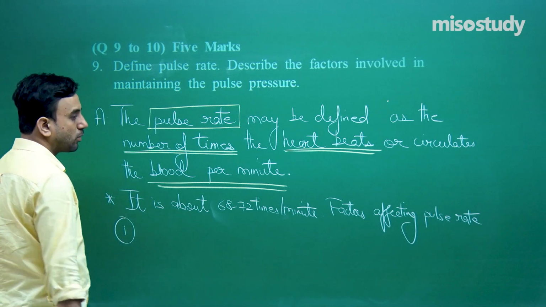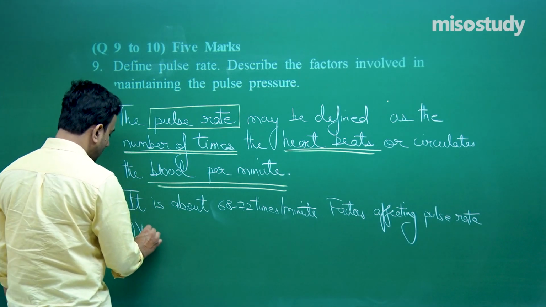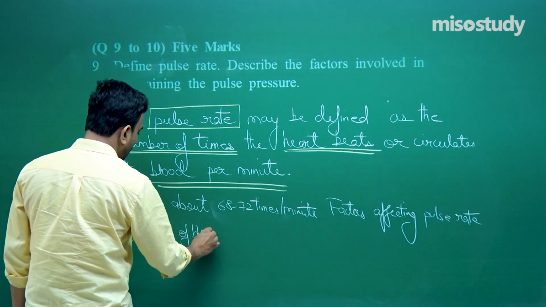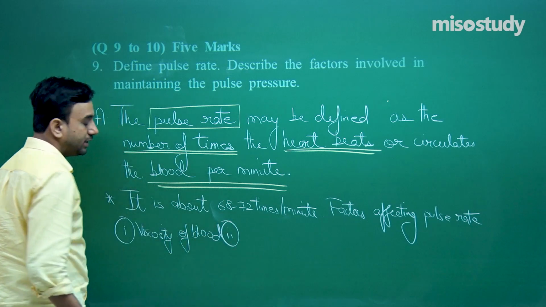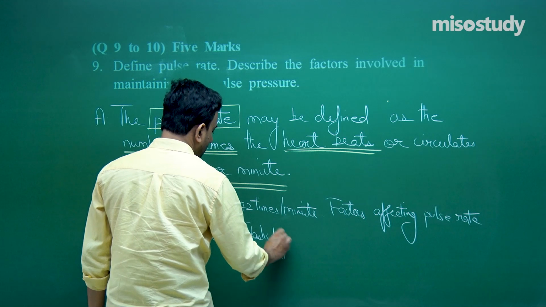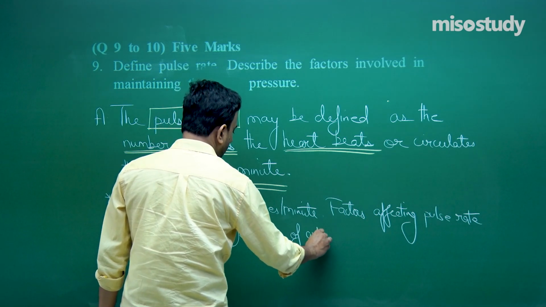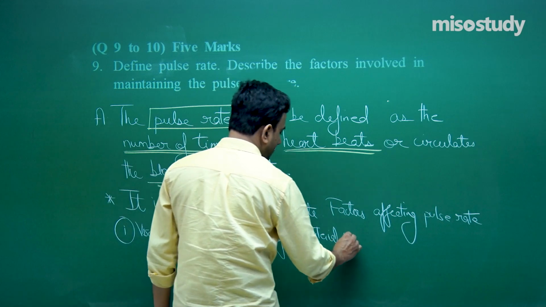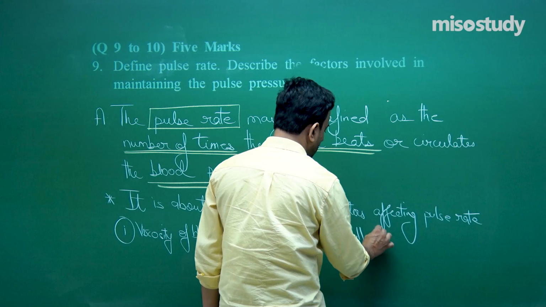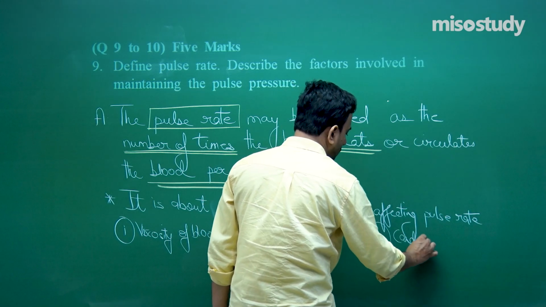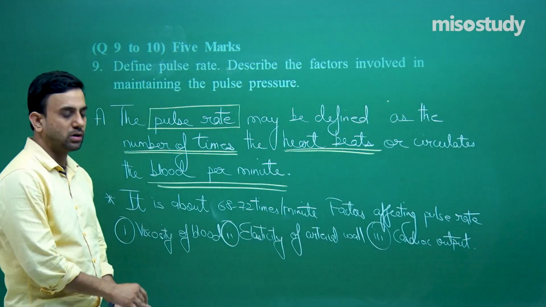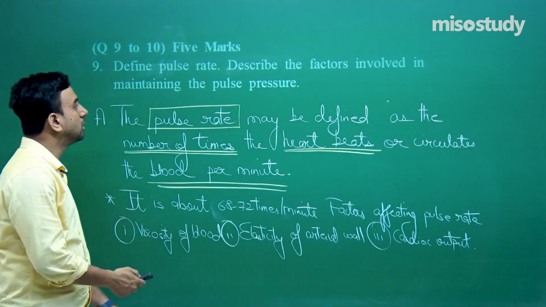Factors affecting pulse rate: number 1, the viscosity of the blood, number 2, the elasticity of the arterial wall, then the cardiac output, right, the cardiac output. We go on to the last question now.